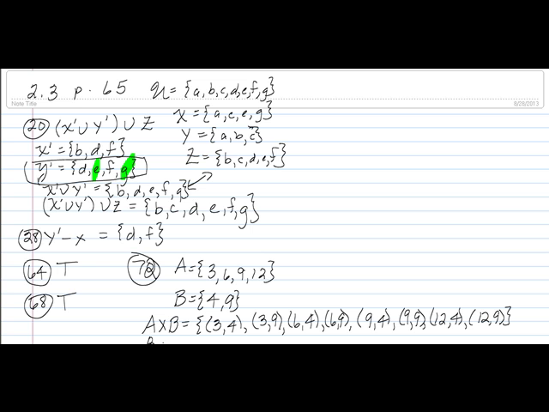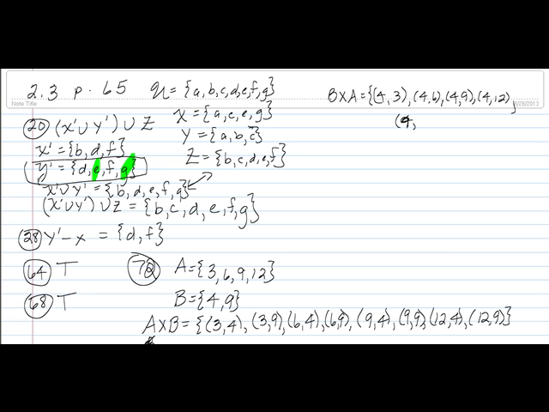B cross A, I'm going to run out of room. B cross A is going to start with the elements in set B, so we'd have (4, 3), (4, 6), (4, 9), (4, 12). Okay, that's it.